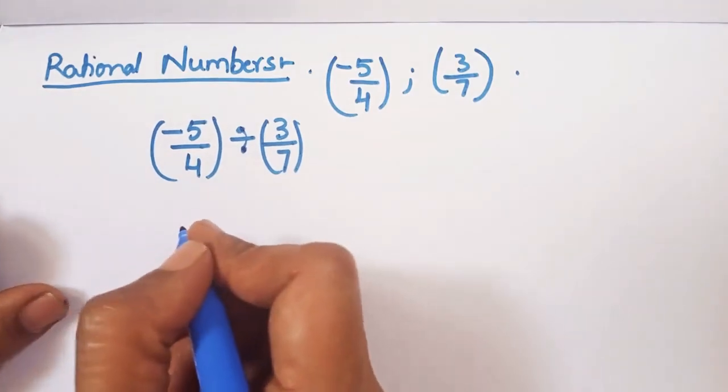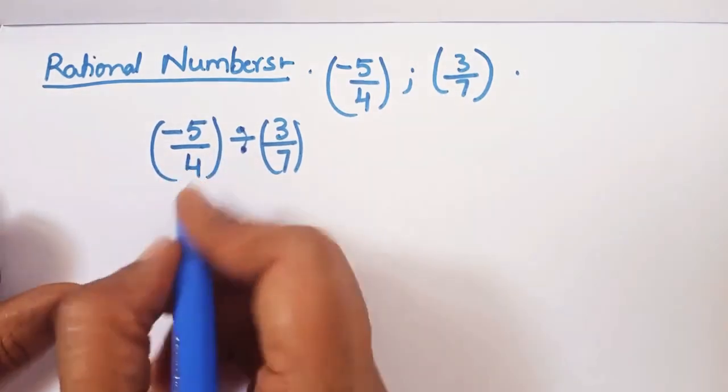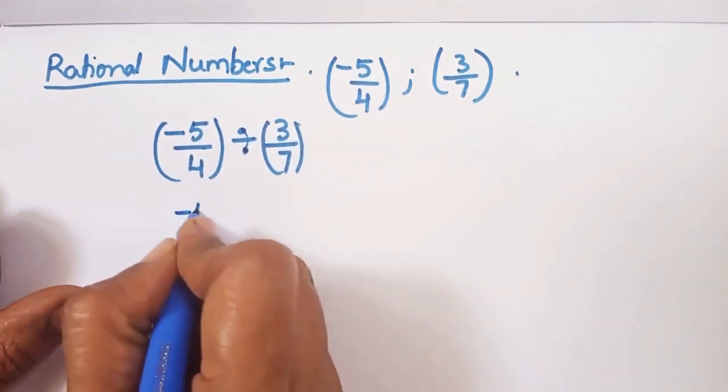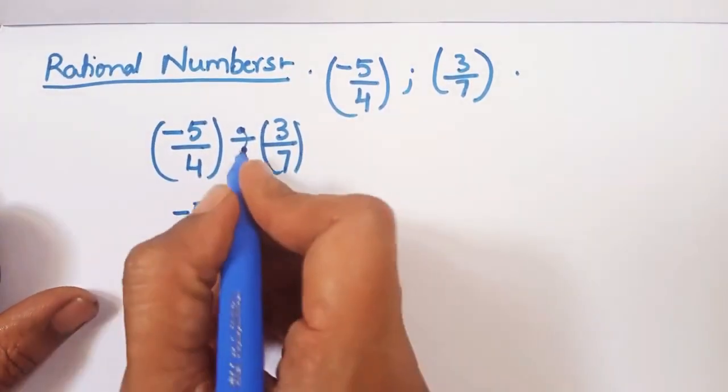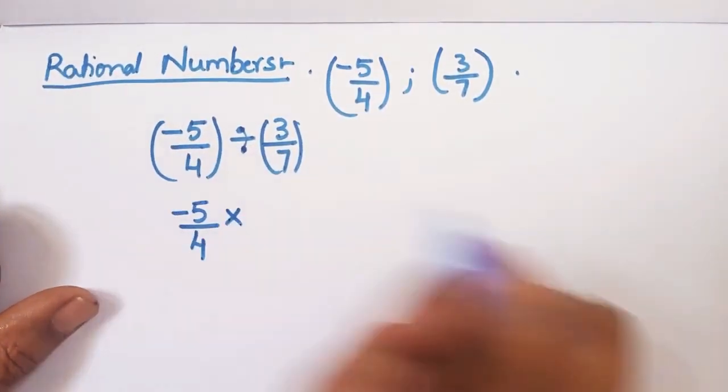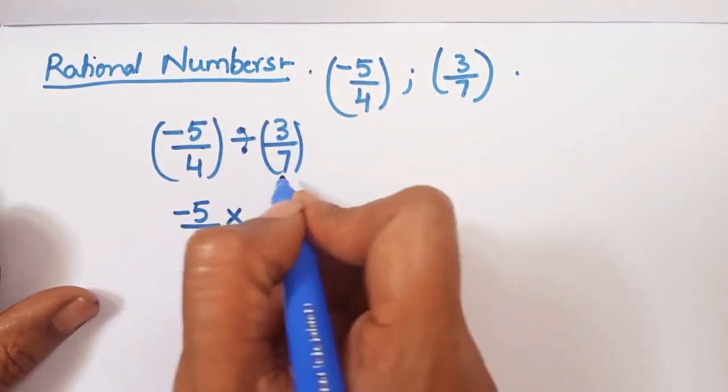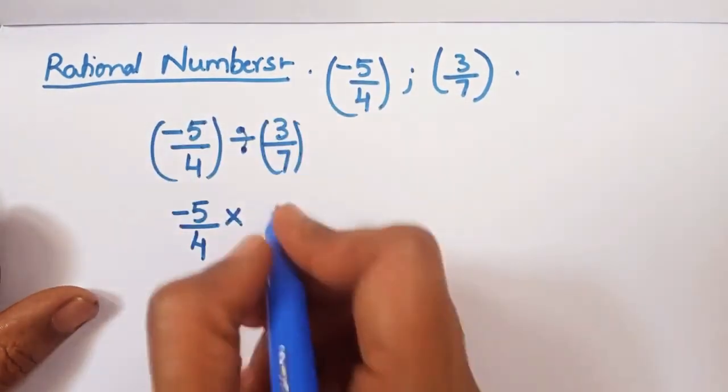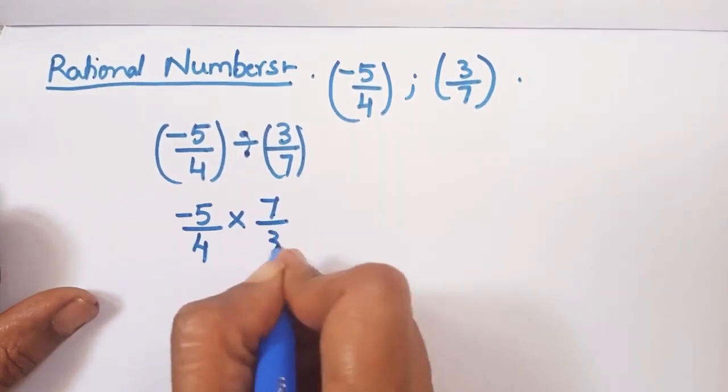How to divide? I have showed you even before also. The first rational number will be copied the same. This division will become multiplication, and the second rational number, the reciprocal of it will be written here. That is 7 by 3.